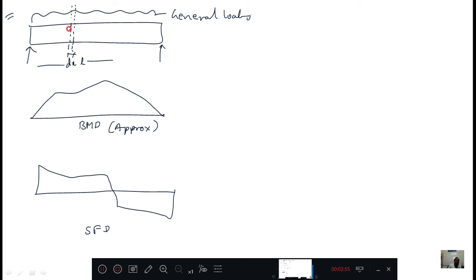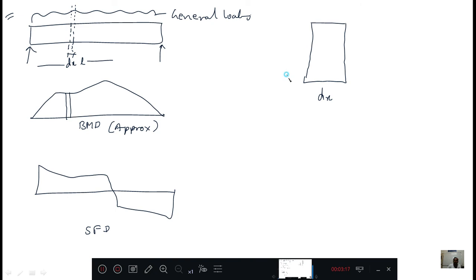Now this section is not easily visible, therefore I will draw it here with a bigger dimension. See, this is that section, the distance was dx, and here this section was subjected to this much bending moment and this much bending moment on either side.